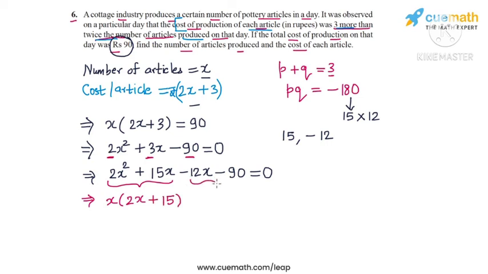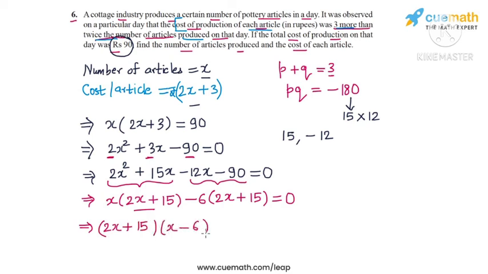And then from the second pair of terms, let's take out the common factor of minus 6. So when we do that, minus 6, we get 2x plus 15 once again. So this is equal to 0. And now we have a common factor of 2x plus 15. So let's take that out. So we get 2x plus 15 times x minus 6 is equal to 0.